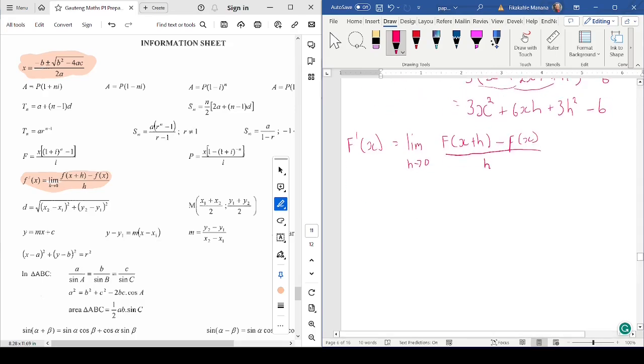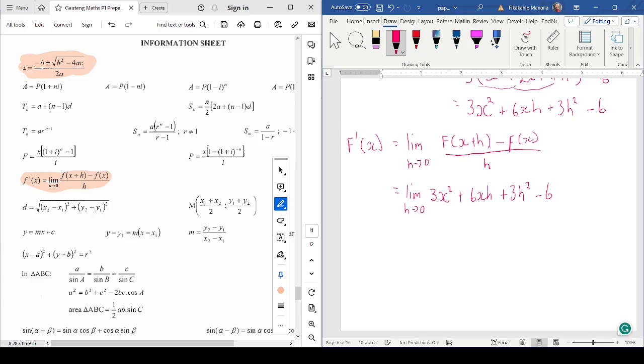Cool. So all I want to do now is substitute, because unfortunately we always have to rewrite this. Substitute f of x plus h, which is this thing that we wrote here on top. I'll substitute it exactly as it is. It's 3x squared plus 6xh plus 3h squared minus 6.